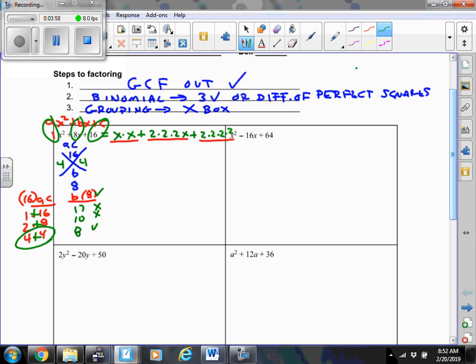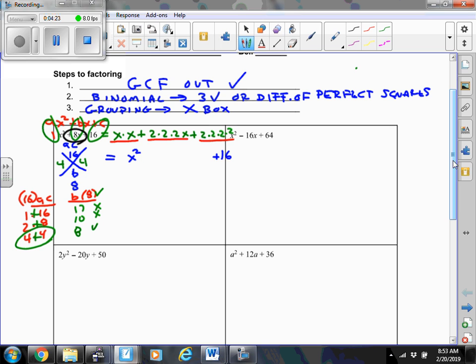4 and 4. Okay, now that's going to allow me to rewrite this into groups. First I'm going to write the x squared down. Now I'm going to write the 16 down. That 8x, this little magic 8x, is going to be a combination of 4 and 4.